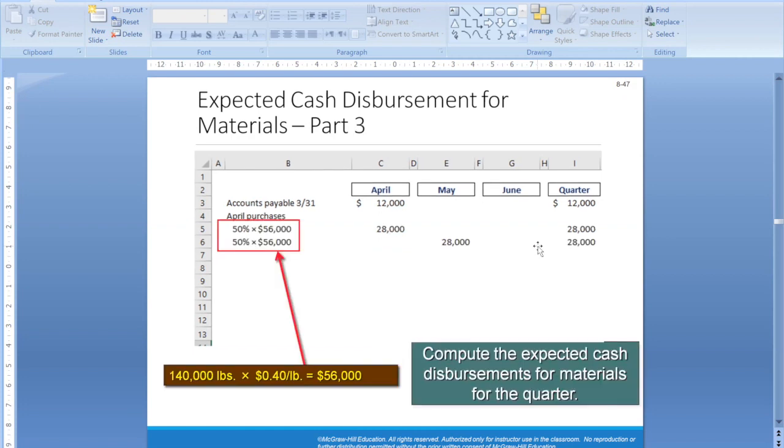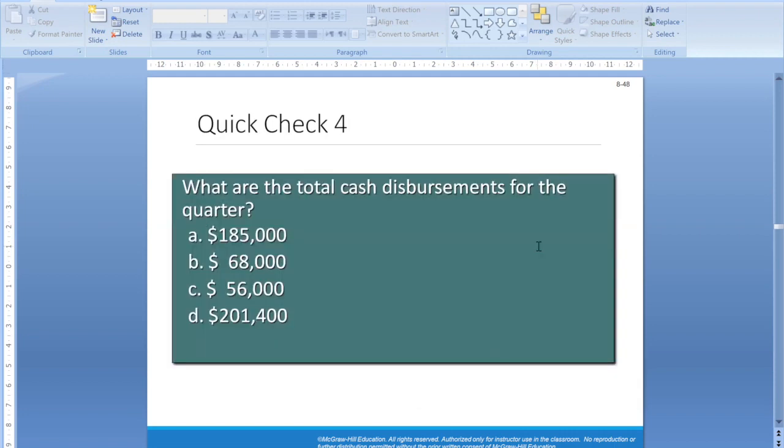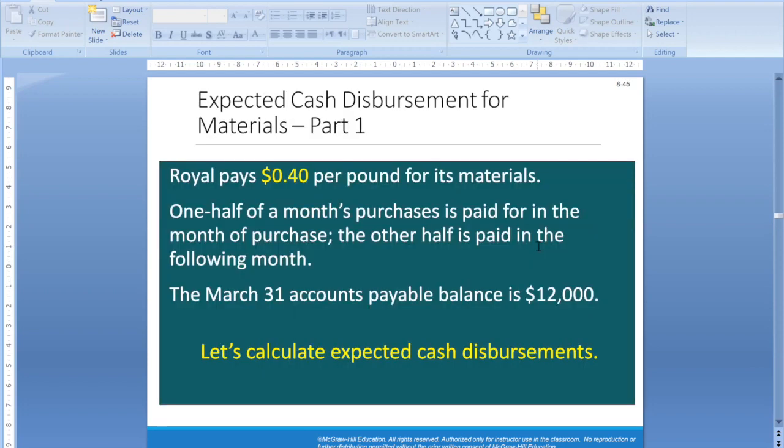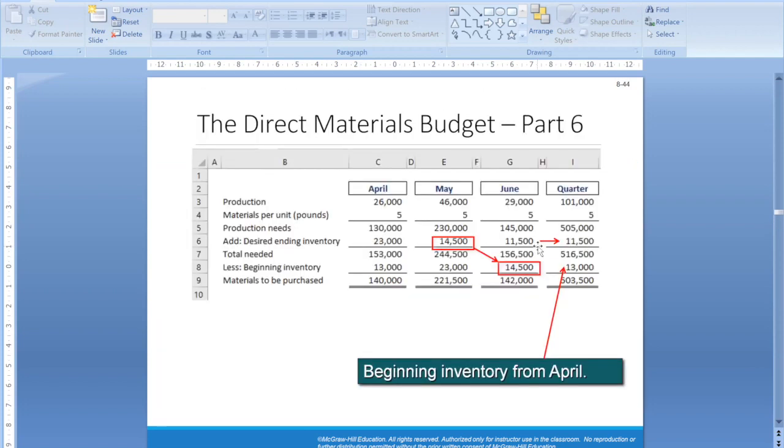The expected cash of May: I will go back to ask, how many pounds do we need for May? We need 500 pounds multiplied by the cost per 1 pound, which is 0.4.